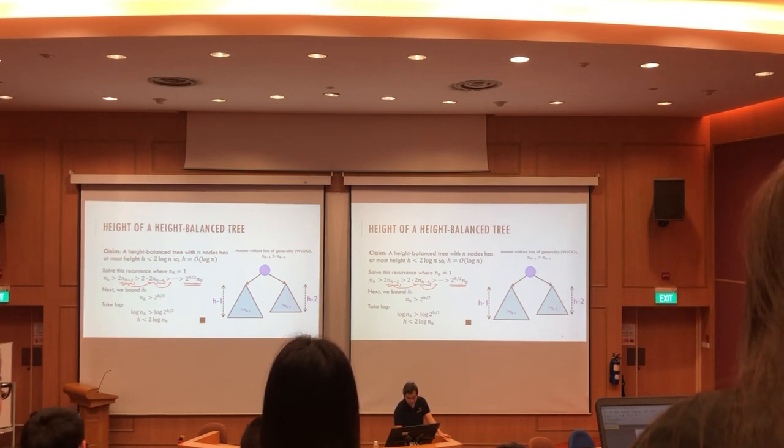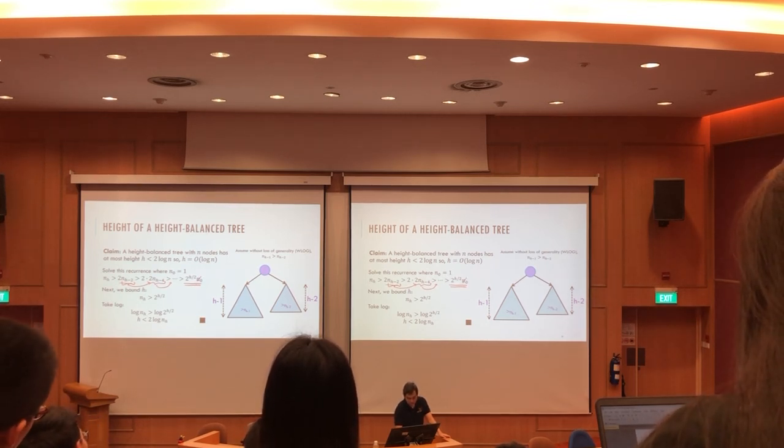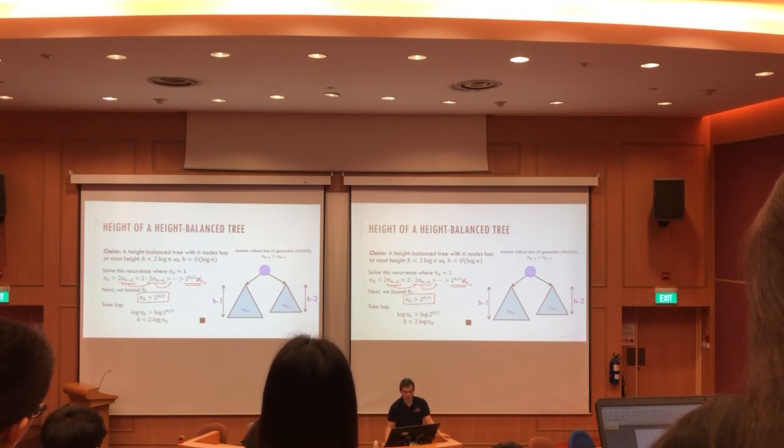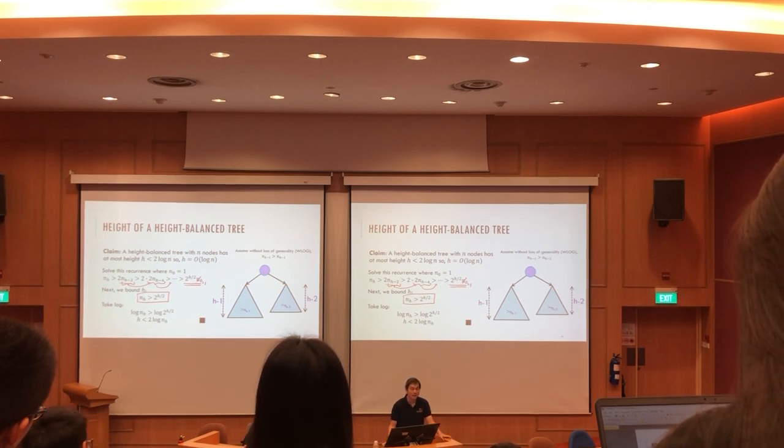Now n_0 is 1, which will make you end up with this bound. That's the bound that we're interested in. Now we know how to solve this bound because we've seen bounds like this before. All we need to do is add a log in front, so this will give you log N_h bigger than log 2 to the power of h over 2.